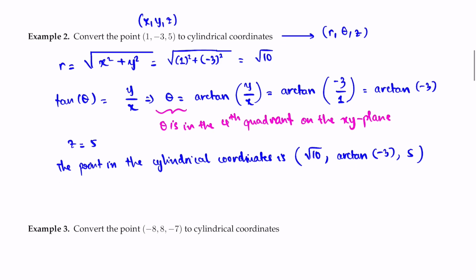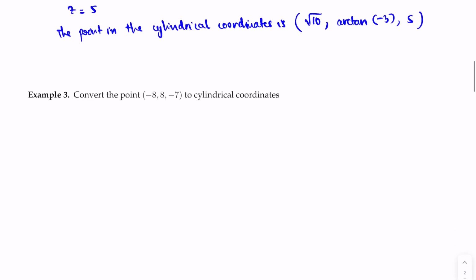Now let's move on to the next example. In this example, you want to convert the point negative 8, 8, and negative 7 to cylindrical coordinates. That is, the point is given to us in the Cartesian or rectangular coordinate system of the form x, y, and z, and you want to convert that point into the point of the form r, theta, and z. So r is equal to square root of x squared plus y squared.